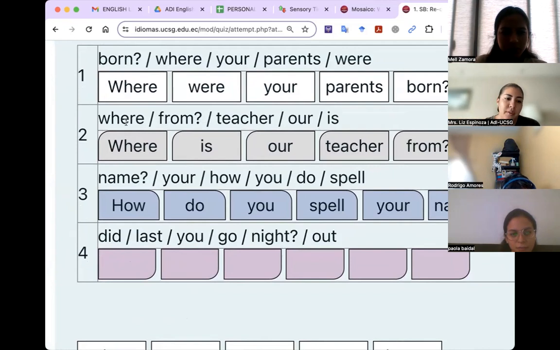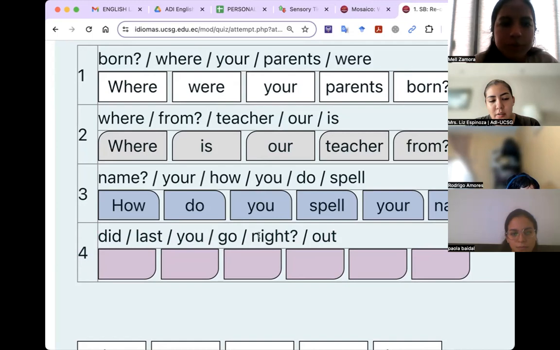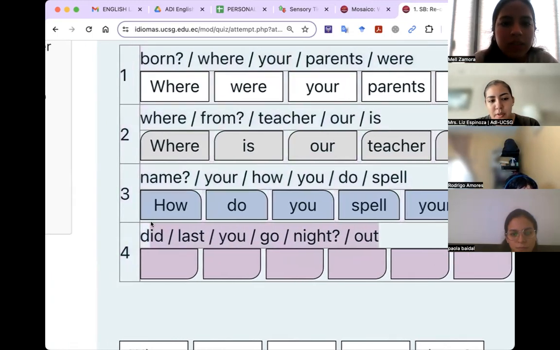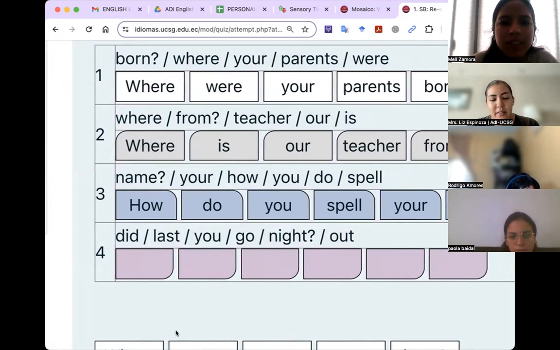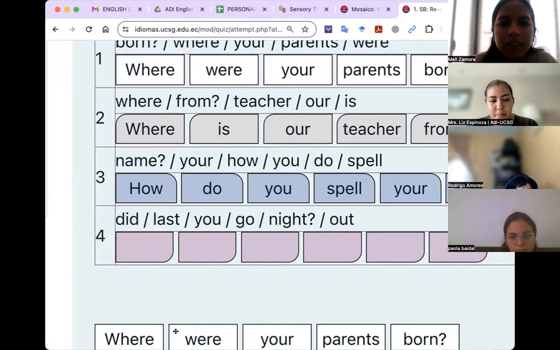Do you have a WH word here, yes or no? A WH word like where, how, you don't have, right? So you need an auxiliary. Which is the auxiliary here? Did, last, you, go, night, or out? The auxiliary. Did. So you have to start with did.